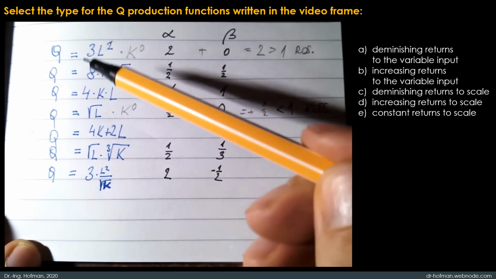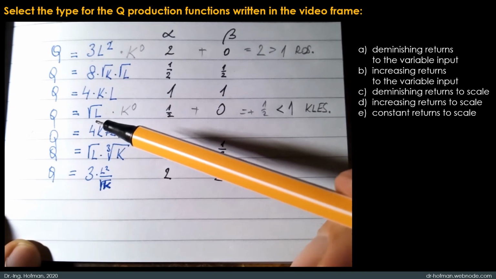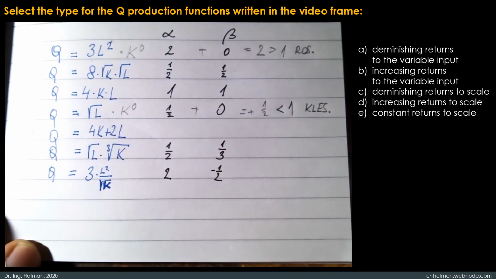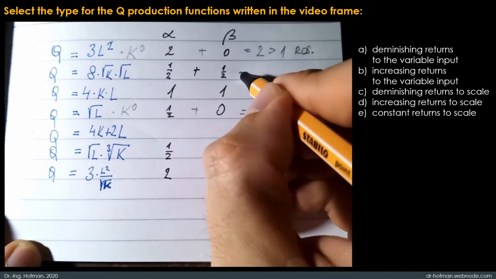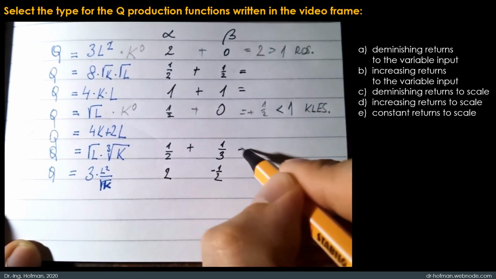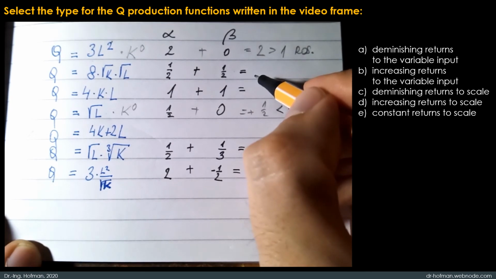In the case of those two functions we only have L, that's why we speak about returns to the variable input. In the other cases we also have the other production factor variable, so we speak about returns to scale.